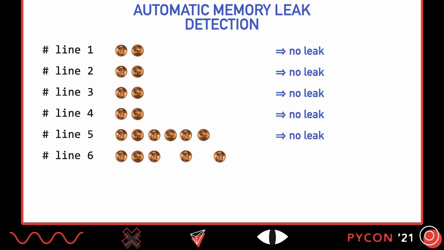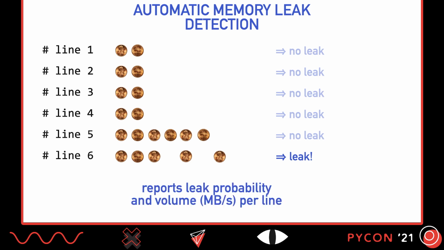And after we have enough data, we can conclude when the allocations are roughly balanced, there's no leak, and when they're quite unbalanced, it indicates a leak. And when Scalene concludes with high probability that there is a leak, it reports the probability and the volume in megabytes per second, which indicates how serious the leak is, which lets you as the programmer focus your effort on the leaks that really matter.